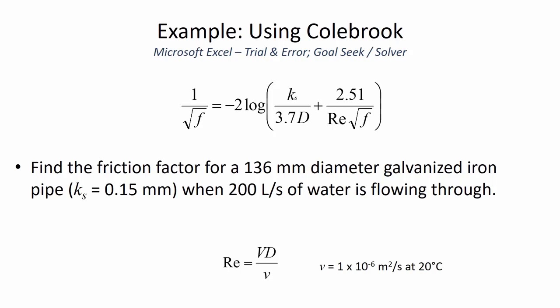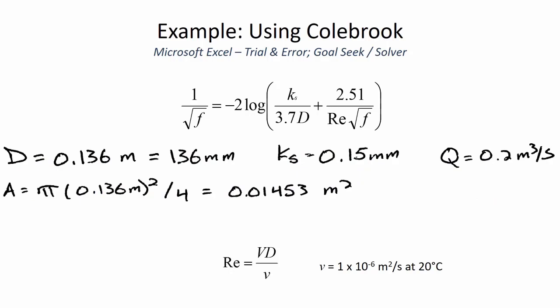First of all, we would use the diameter of 0.136 meters, K sub S of 0.15 millimeters. The area, pi d squared divided by 4.